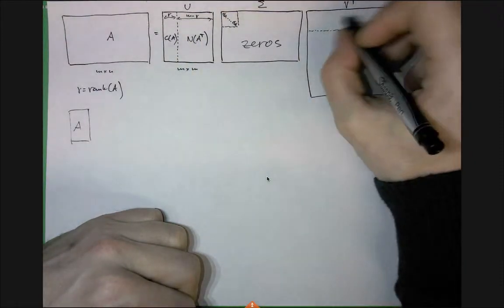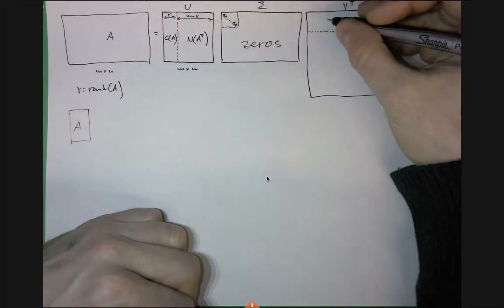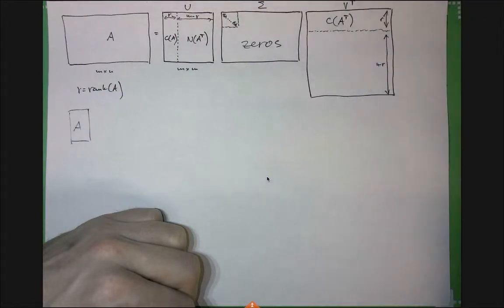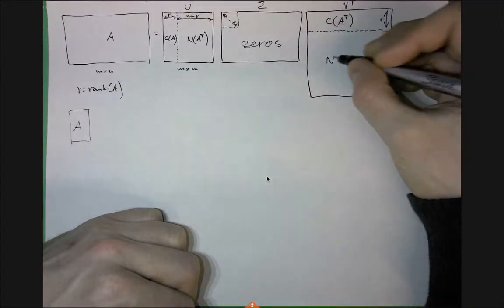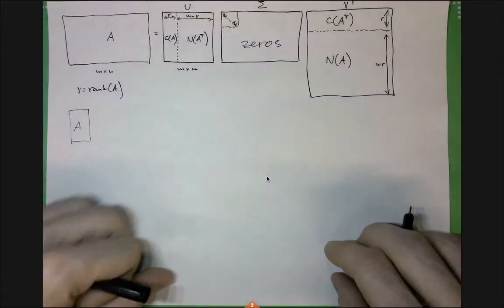The first R rows of VT are orthonormal basis vectors for the row space, and the rest is the orthonormal basis of the null space.